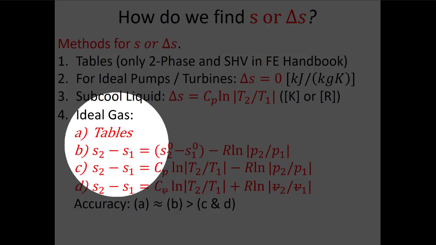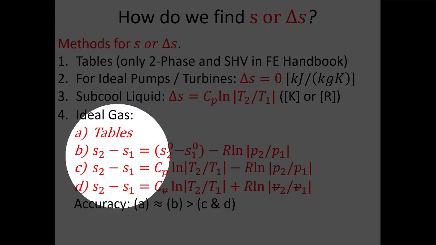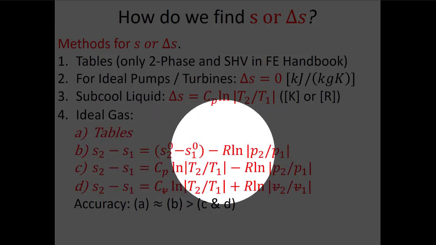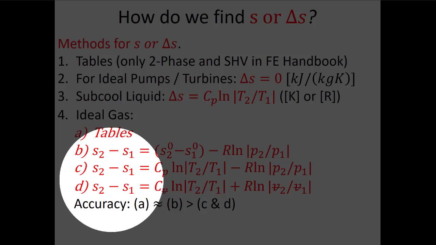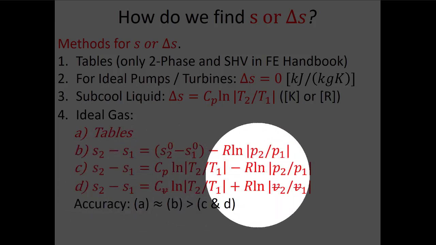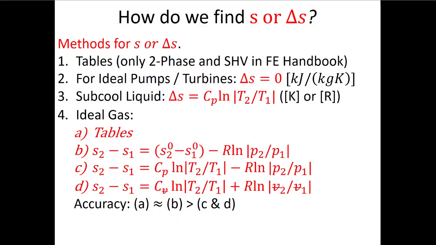If I want to get the most accurate answer I can, I'm really going to use this equation in part B, and I'll get S superscript 0 from the tables. And if I'm going to use constant specific heat, I use these equations, but I recognize that C and D introduce some extra uncertainty into my answer. So I'm stepping further and further away from reality as I make that constant specific heat assumption. And that assumption gets worse the bigger my temperature difference is.